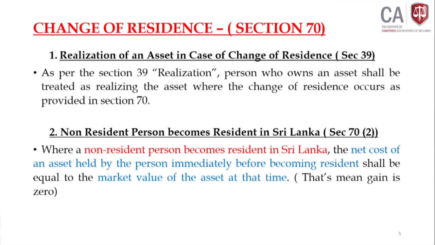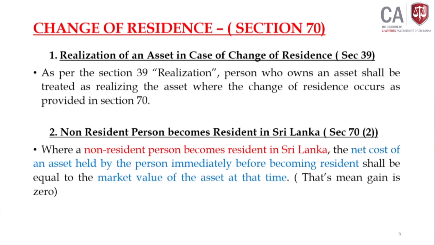Treated as realizing the asset where the change of residence occurs as provided in section 70. Now you all know one way of realizing an asset is the change of residence. The realization provision is in section 39. Now we need to look at how section 70 impacts the non-resident person.